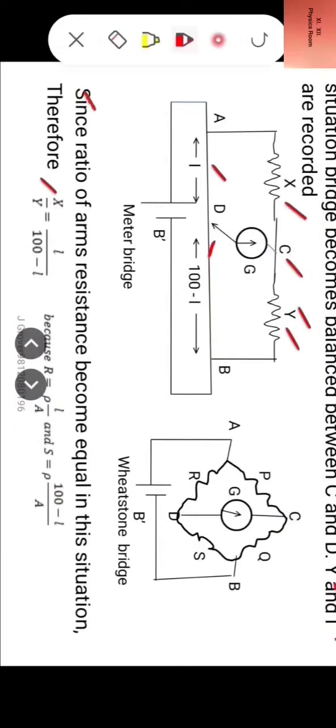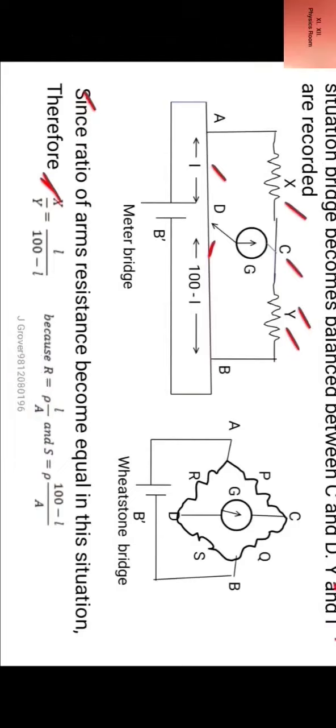Now since ratio of arms resistance become equal in this situation, therefore X by Y is equal to L over 100 minus L. Now because R is equal to rho L by A and S is equal to rho into 100 minus L by A, therefore R and L are in direct proportion.